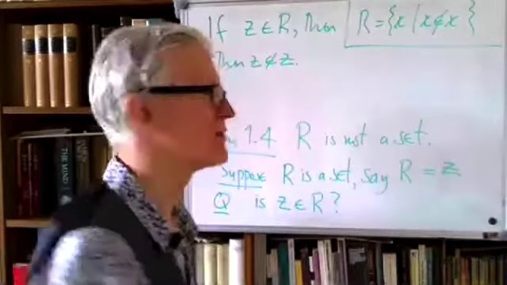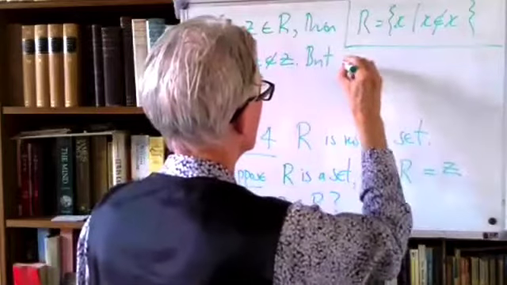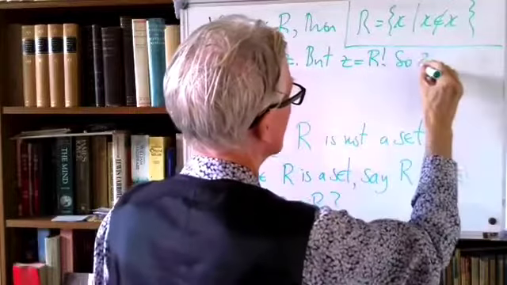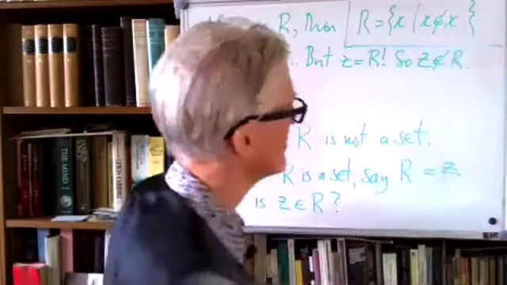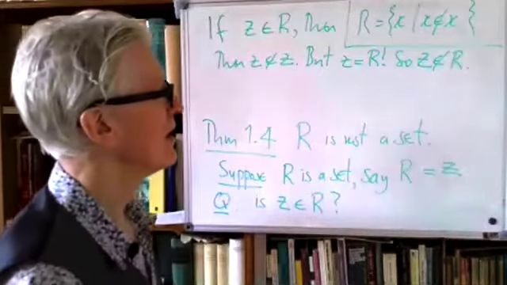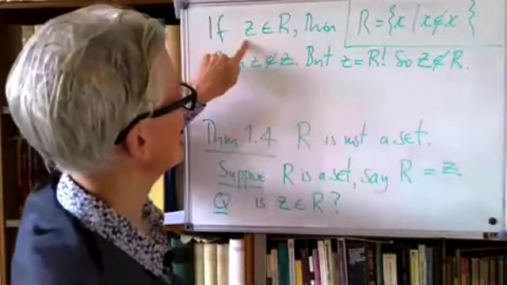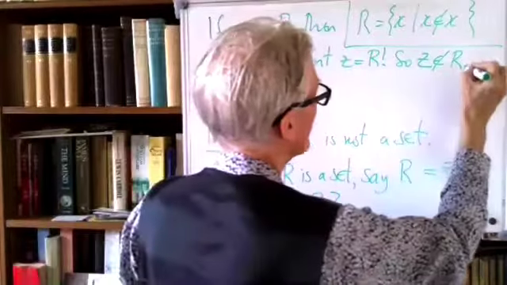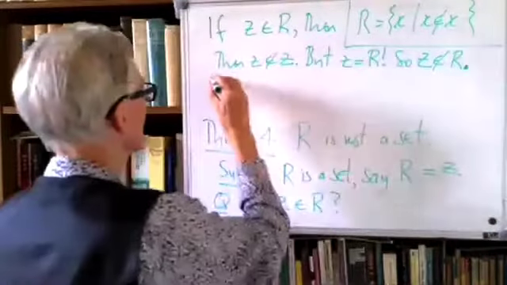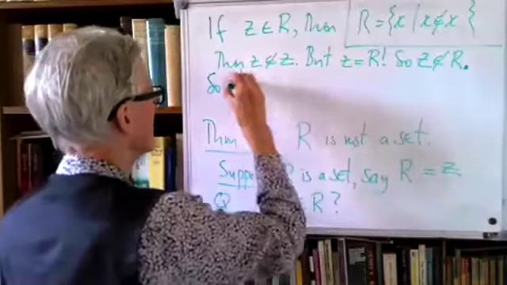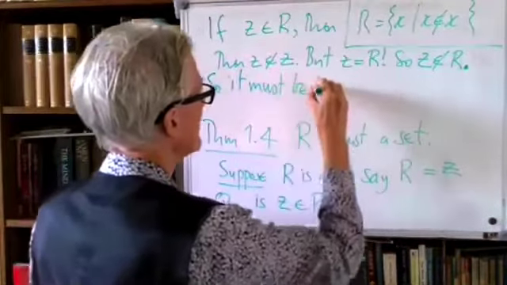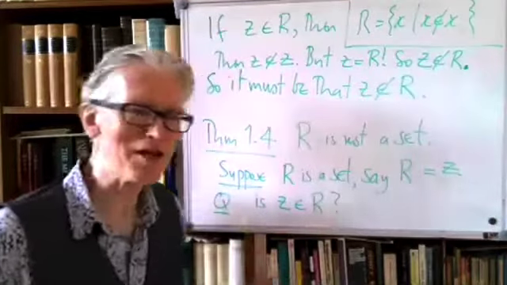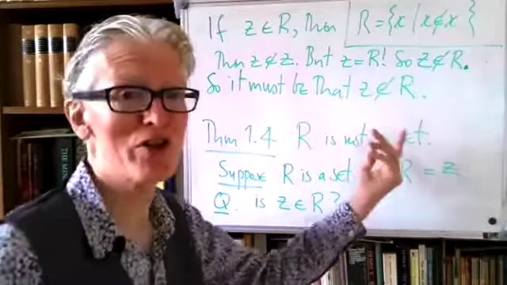But Z equals R, so Z is not a member of R. From the hypothesis that Z is in R, we've deduced a contradiction, so this must fail. So it must be that Z is not a member of R. And you can see it coming now: we get a contradiction from this as well.